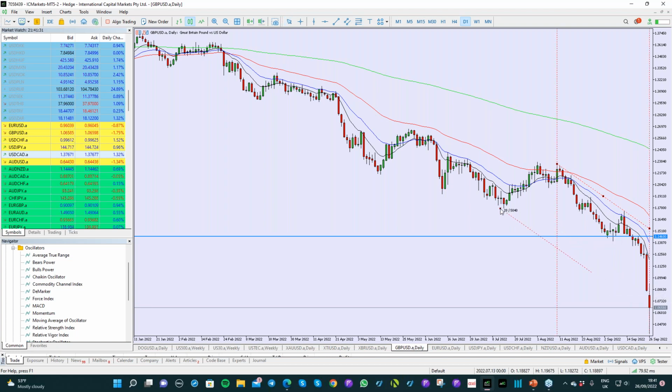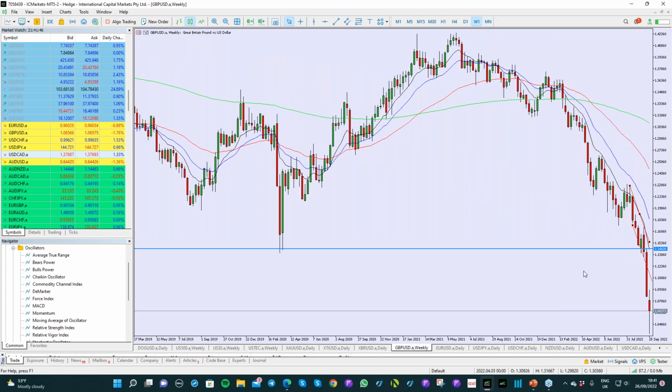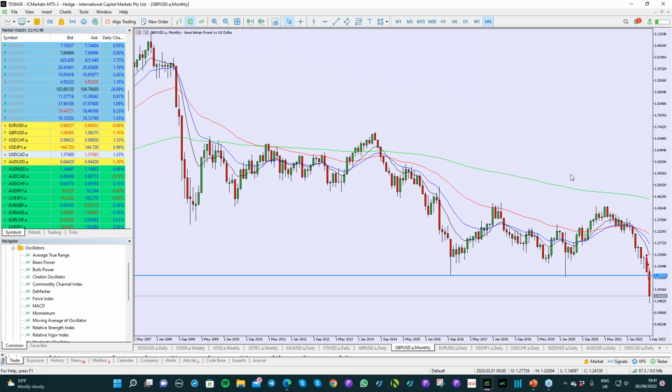If I was to use, you know, this one would have to be somewhere around here, and price has long since broken beneath the low of that channel. Even if I were to go onto a weekly or monthly time frame, there isn't really a channel that's particularly useful for me in this case, because we've just had such a strong move to the downside there.